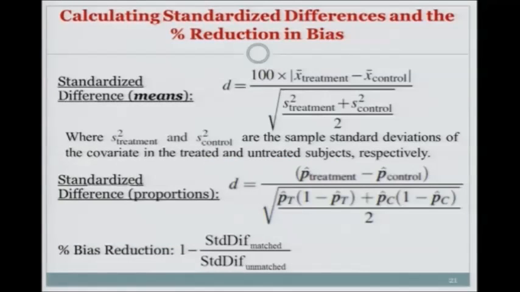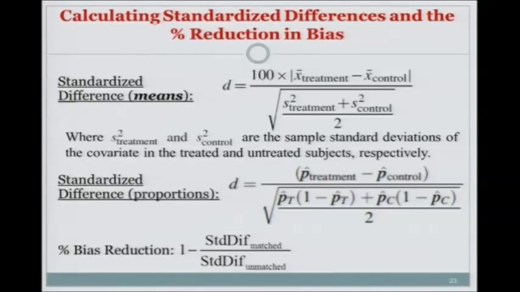So here's how you calculate standardized differences. It's very similar to a z-score. If your covariate is, say, child age, if you're looking at a program for children, you're treating it as a continuous variable. It's just the mean of the program group minus the mean of your control group, over the square root of the sum of the standard deviations squared for both groups over 2.